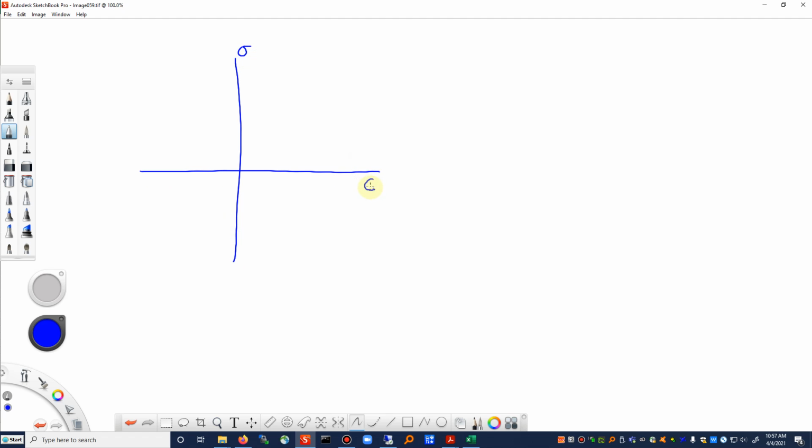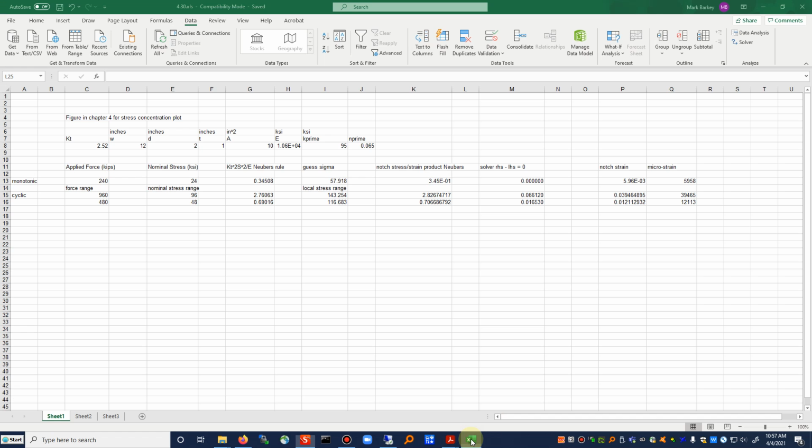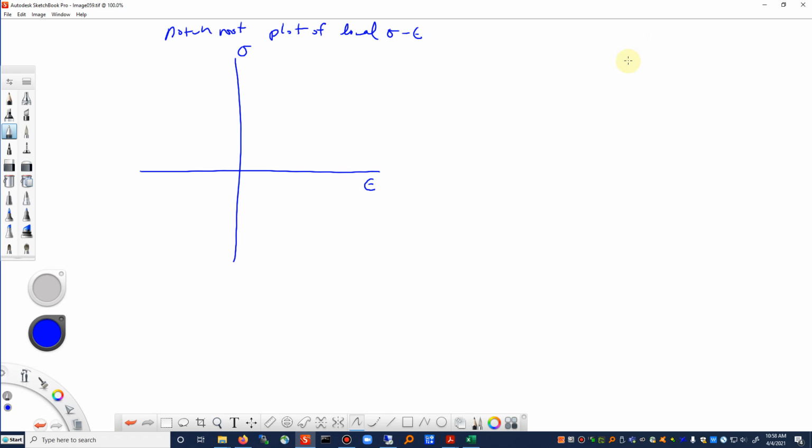So this is the sigma and epsilon plot. All right, so I said 57.9 for my stress. Now, whatever that looks like, this is just a sketch.